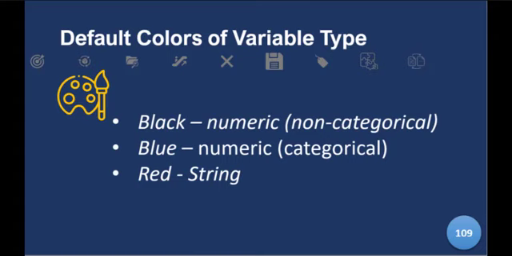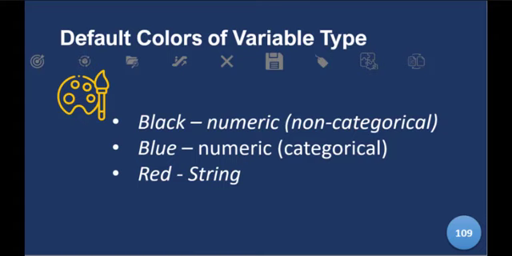The black is numeric non-categorical, so just plain, what we call the continuous variables. Blue is categorical, the numbers mean something. And then red are strings.